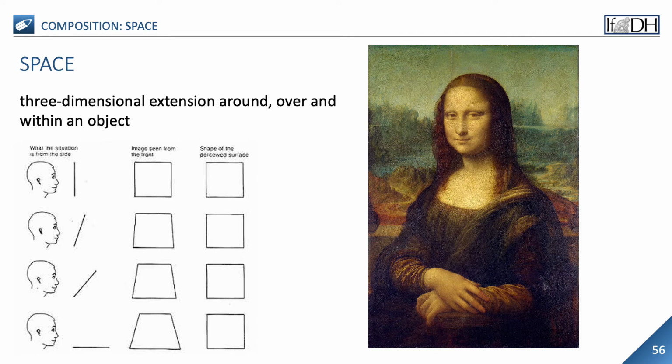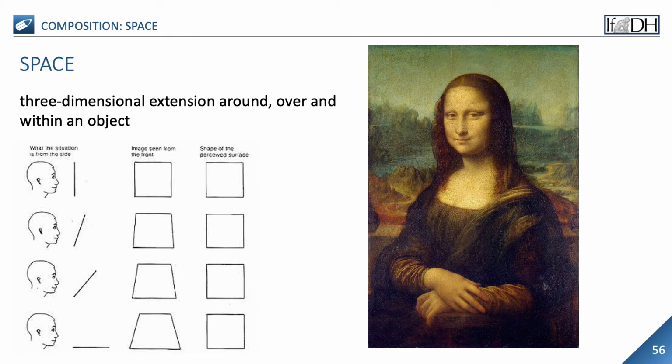Another important element of composition is space, that is the area around, above and within an object. Every space has a three-dimensional extension in height, width and depth. With the rules of perspective, a 3D space can be convincingly depicted in 2 dimensions by implementing the optical distortion correctly in terms of perspective.